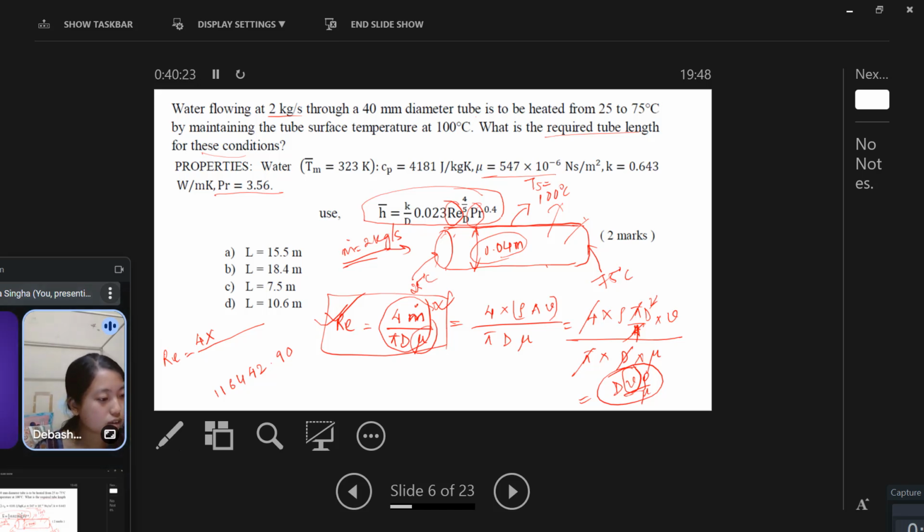Don't need to say anything. And for turbulent, this is the formula, the Dittus-Boelter equation. It is the heating case, right? So the exponent is 0.4. So easily you can say this is the Dittus-Boelter equation.